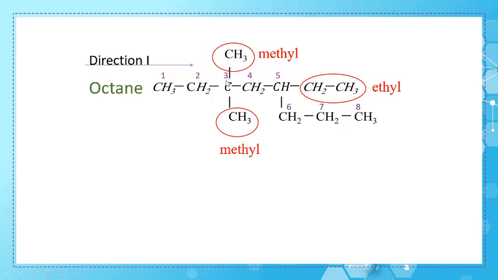So 3,3-dimethyl, because we have 2 methyl groups, and at the end we have to name the main chain, which is octane, and we get the name of this alkane, which is 5-ethyl-3,3-dimethyloctane.